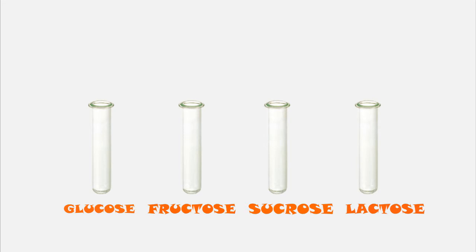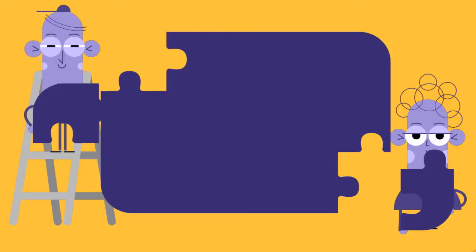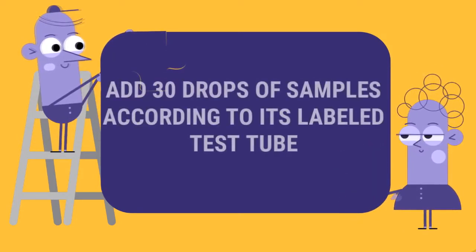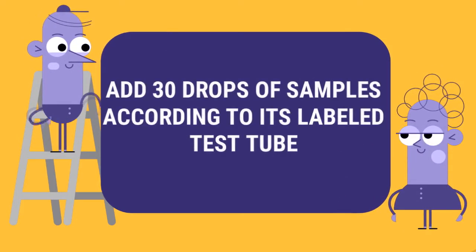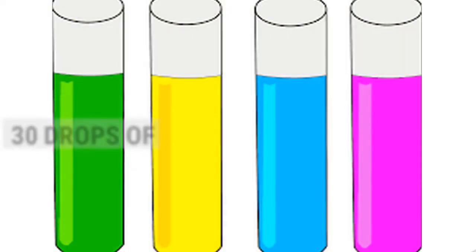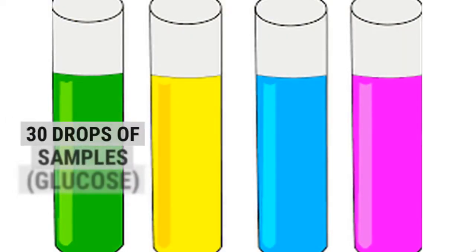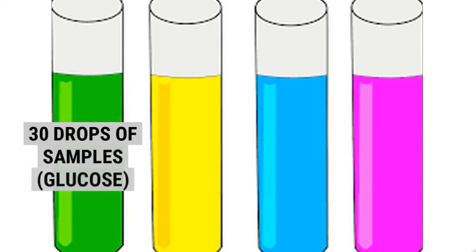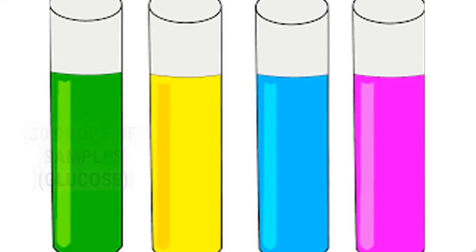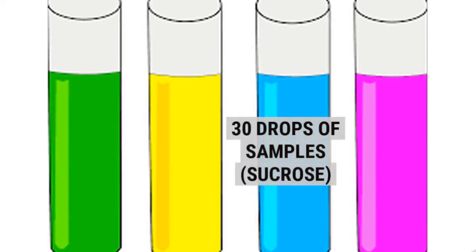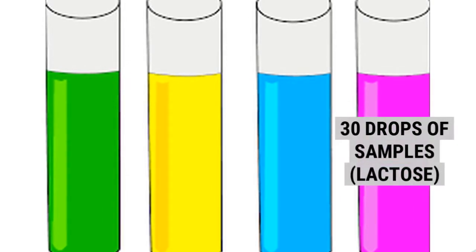After we label the test tubes from 1 to 4, we are going to add to each test tube 30 drops of samples according to its labeled test tube. So in test tube number 1, since it is labeled glucose, we add 30 drops of glucose sample. Same with the fructose, the sucrose, and then the lactose.